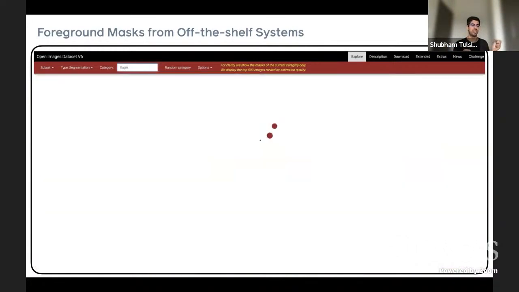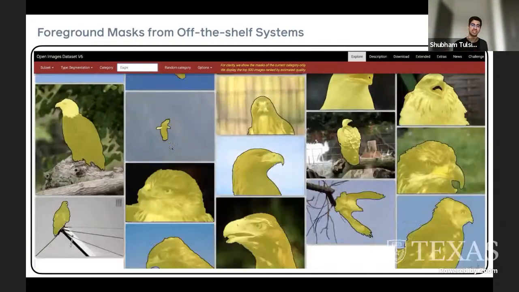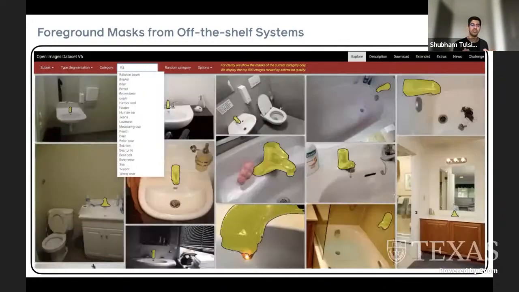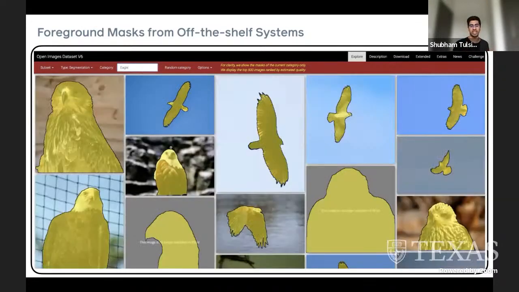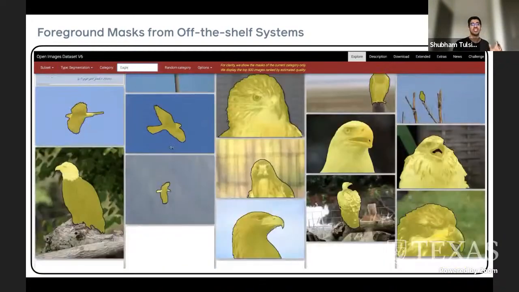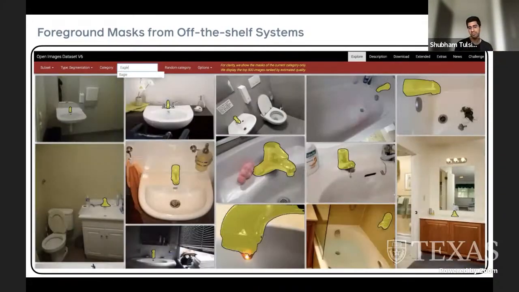And the knowledge of image collections with just foreground masks is something that's very scalably achievable. And we want to look at learning 3D using just these image collections with only foreground mask supervision and no other annotations.